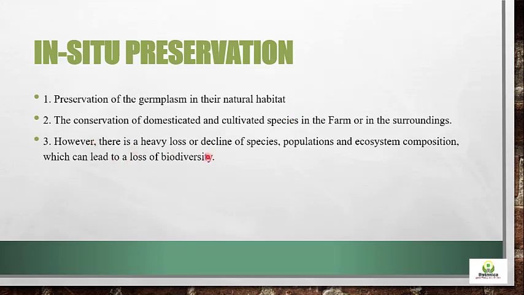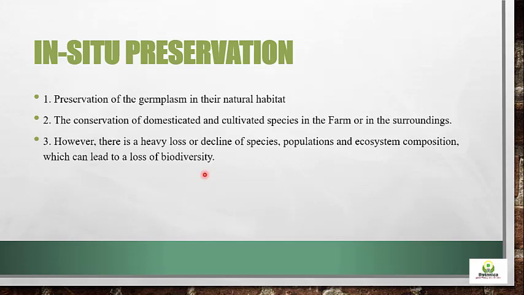However, there is a heavy loss or decline of species, population and ecosystem composition which can lead to a loss of biodiversity. Due to rapid urbanization and the rapid increase in the population of the world, there is a continuous habitat loss. Forests are cut down, and housing societies are now present in those forests.